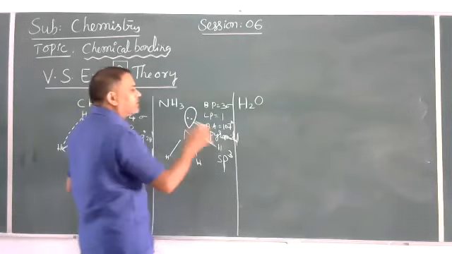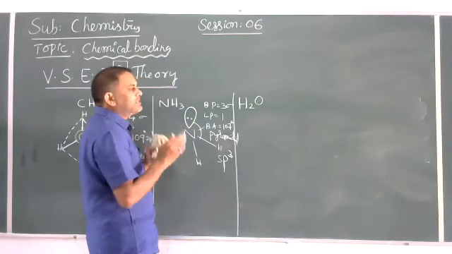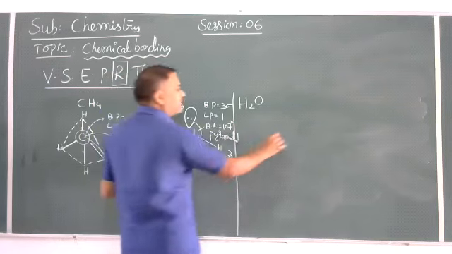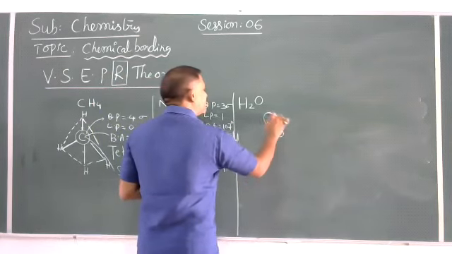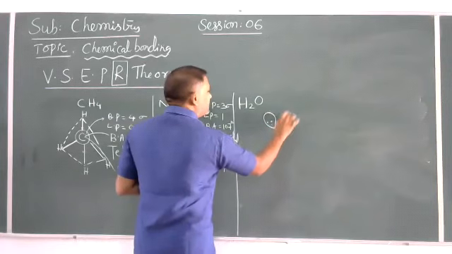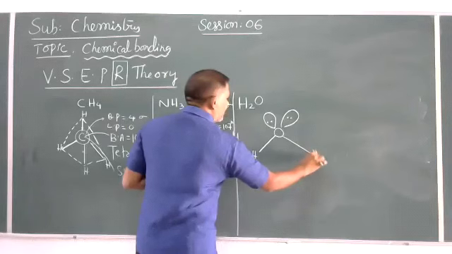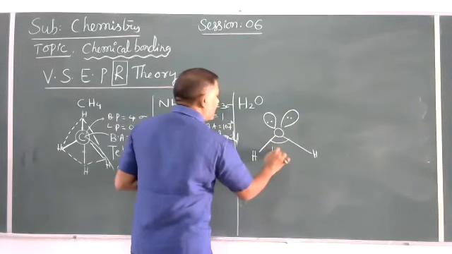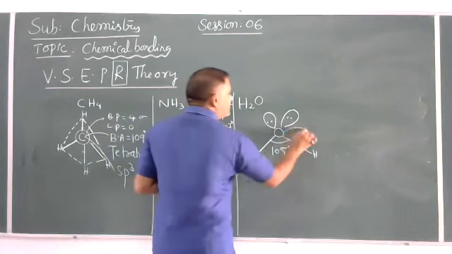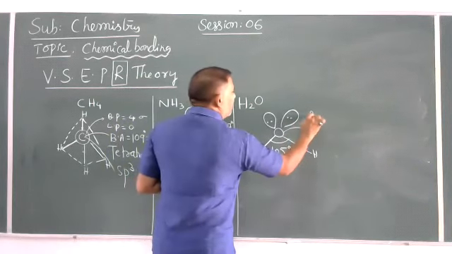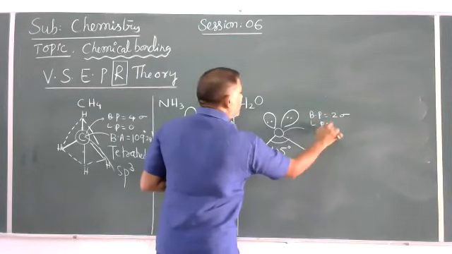Then in the water molecule, the central atom is oxygen with 6 valence electrons. Here there are 2 lone pairs and 2 bond pairs. The bond pairs are 2 sigma bonds and there are 2 lone pairs.